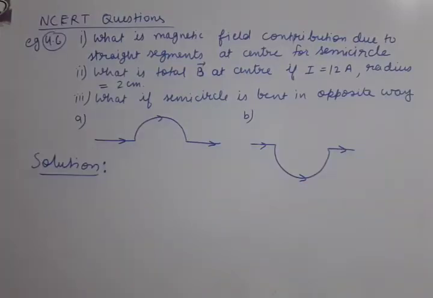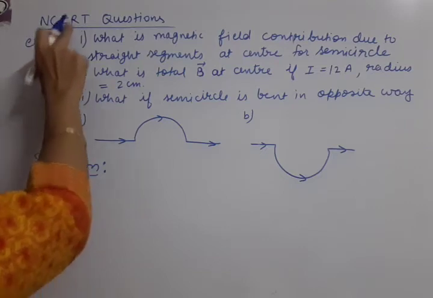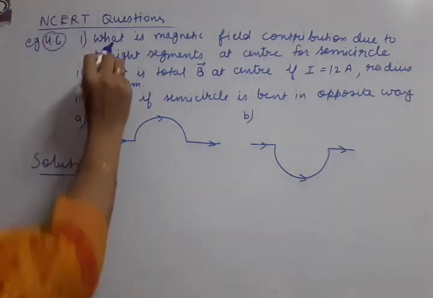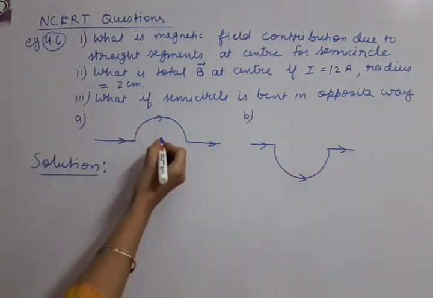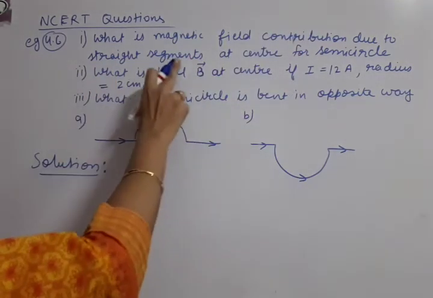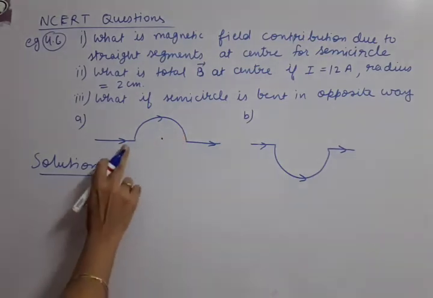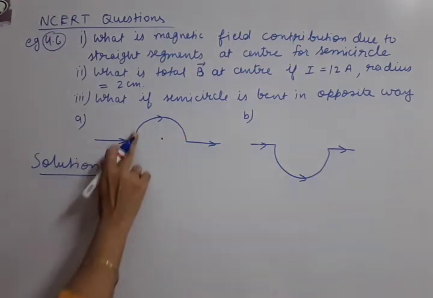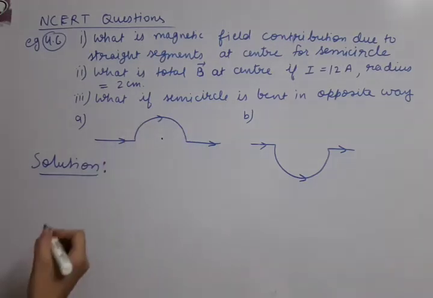We have now second question which is example number 4.6 from NCERT. These diagrams are given of semicircles. First question is, what is magnetic field contribution due to straight segments at the center? So it is given that one wire is like this, straight, and here semicircle.